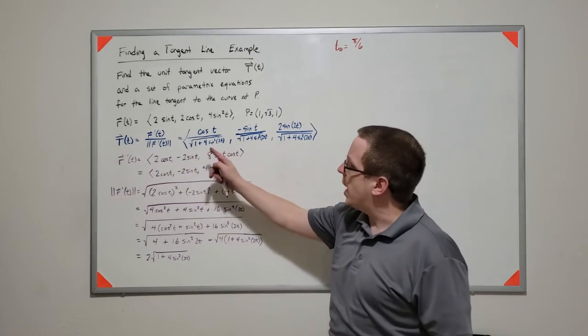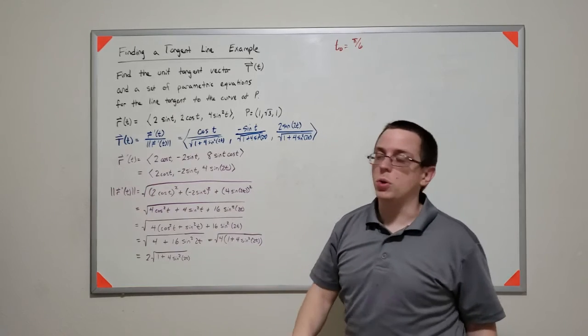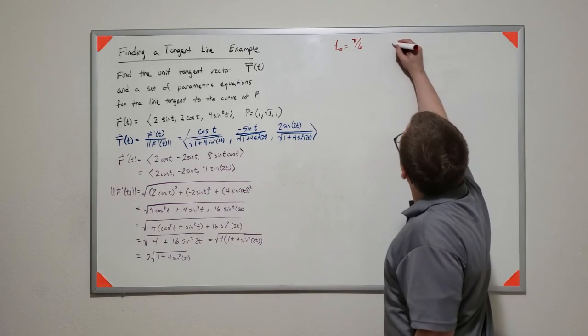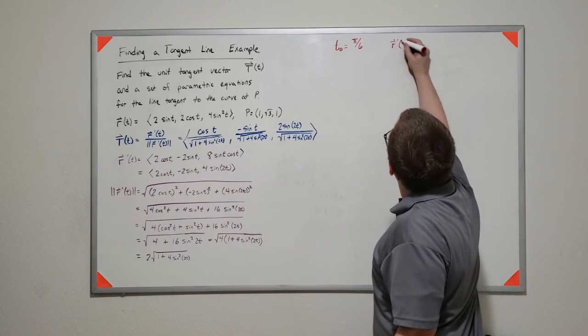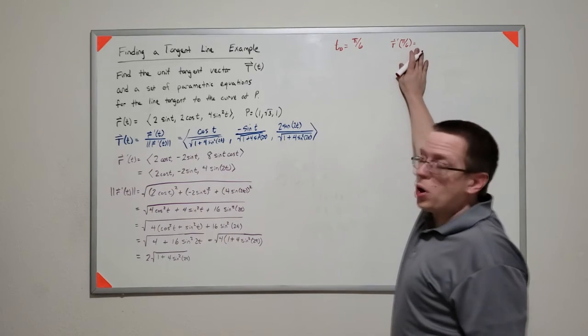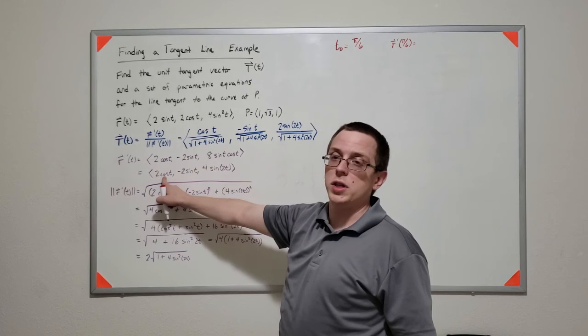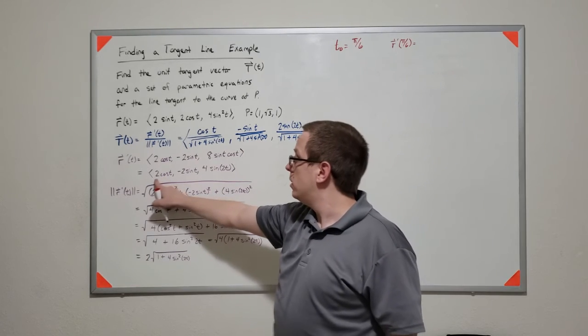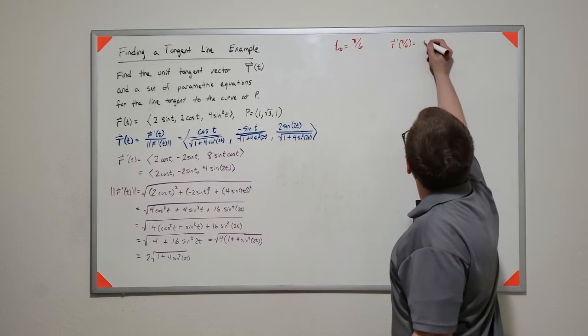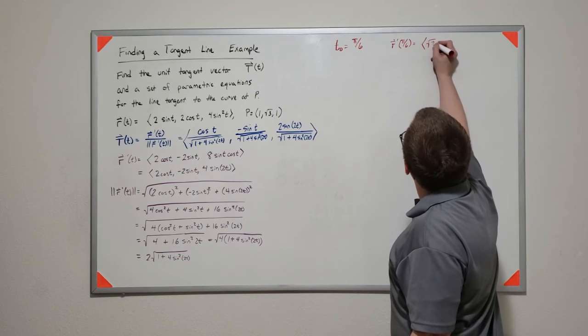Why is that helpful? Well, we're going to use that with r prime. So r prime at pi over 6: cosine of pi over 6 is square root of 3 over 2 times 2, so that gets us square root of 3.